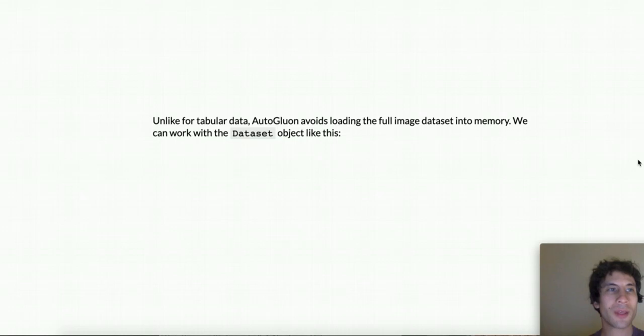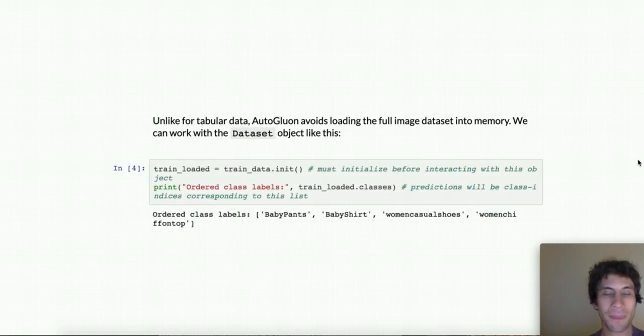We can work with the dataset by initializing it, calling init here. Now we can look at some attributes, say the .classes attribute, which will list the class labels and their order, which is important because when we call predict, the predictions will correspond to indices in this list.